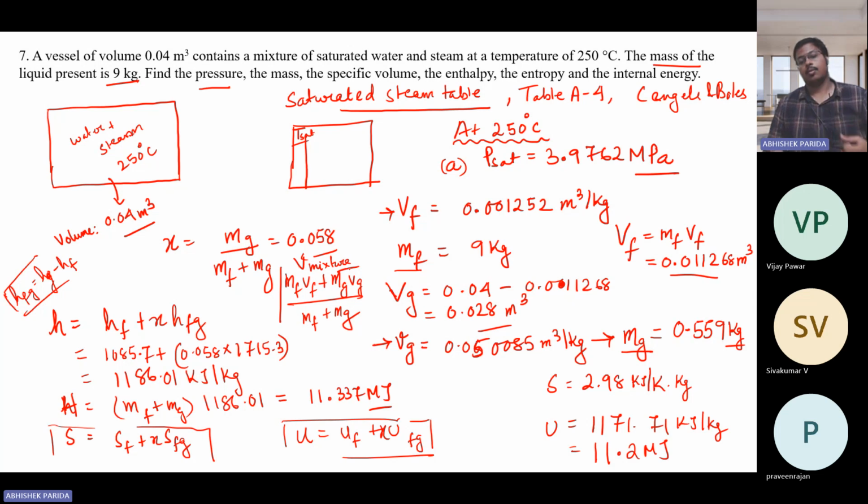Otherwise, same thing only, V is equal to VF plus X VFG, because when you divide by MF plus Mg, it will finally get converted to this equation. Am I right or not? Right, sir.